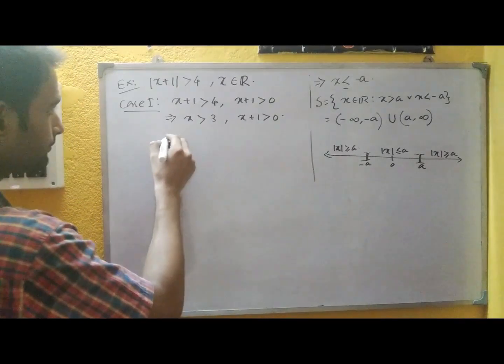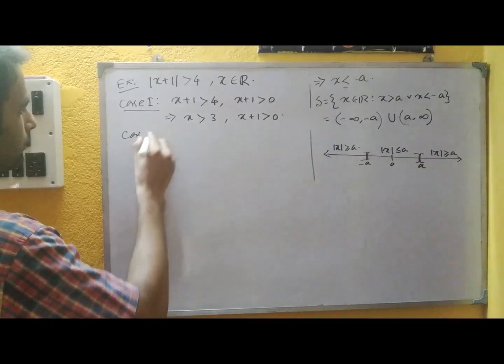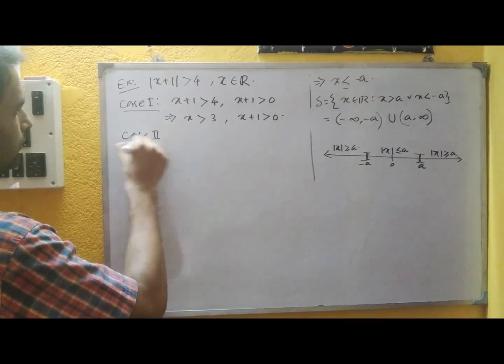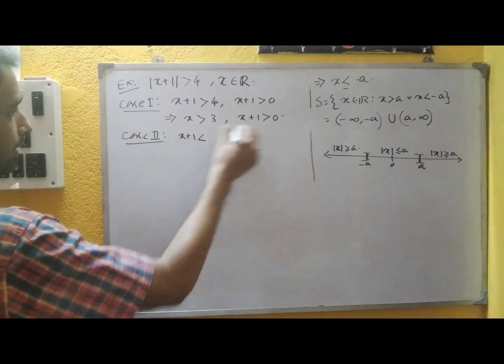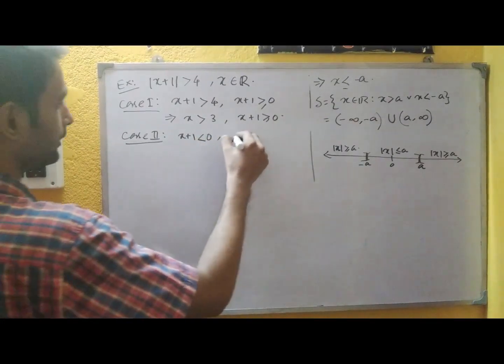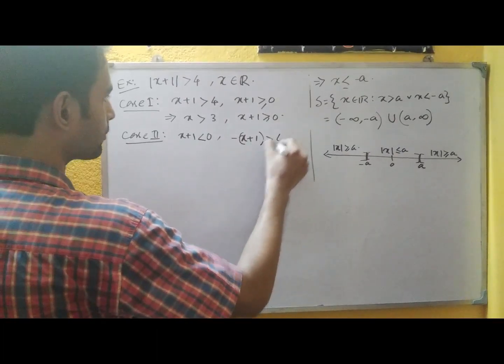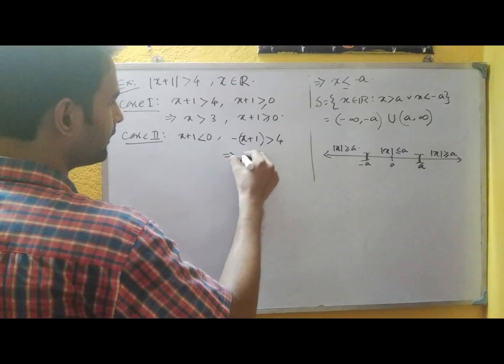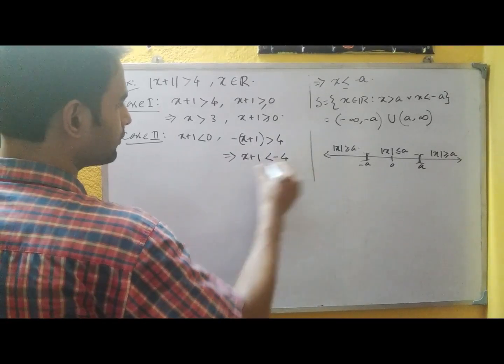and this 2, when you are getting x plus 1 less than 0, then it will be minus of x plus 1 greater than 4, and that will imply x plus 1 is less than minus 4.